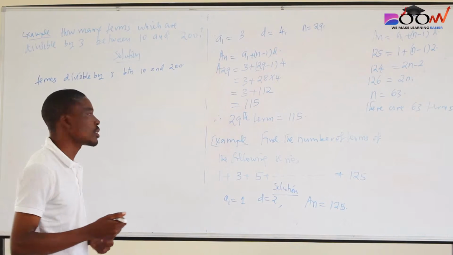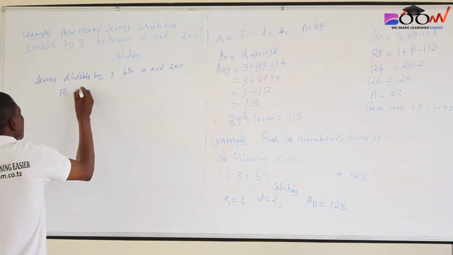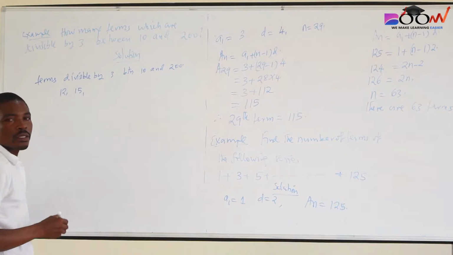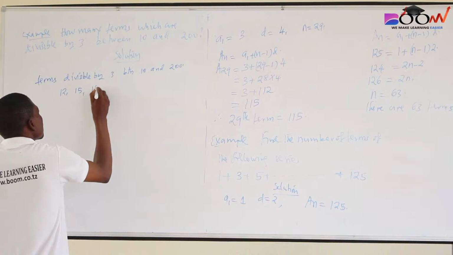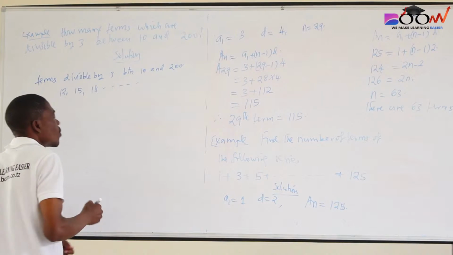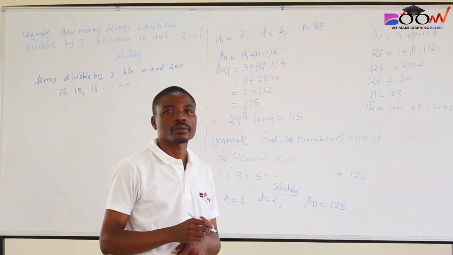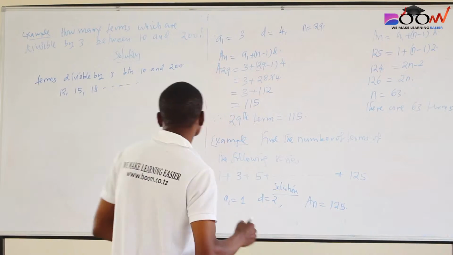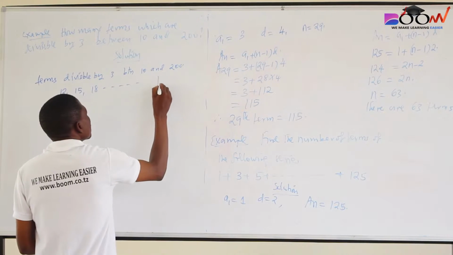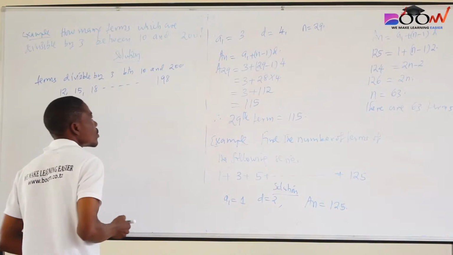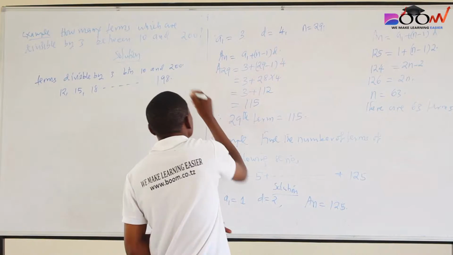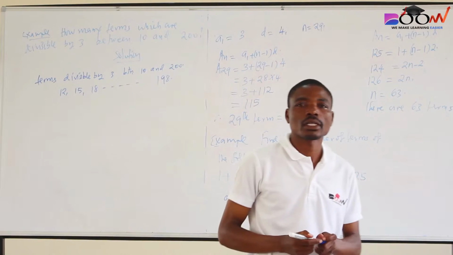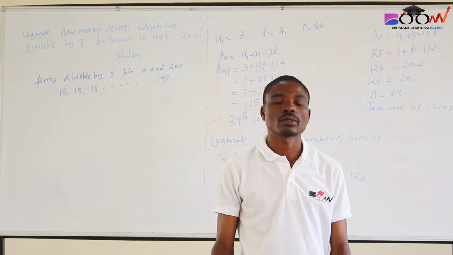The second one will be 15. The third one will be 18. Now, what's going to be the last one? The last one will be 198. Now, how many are they?